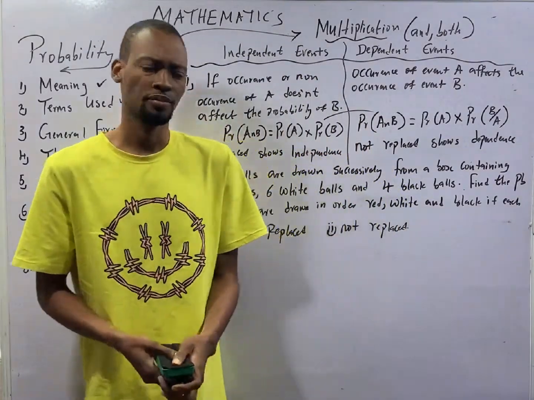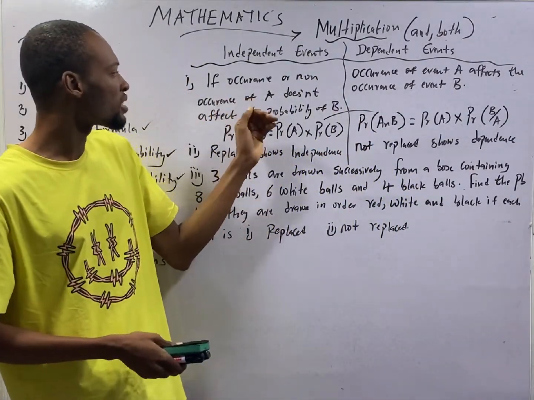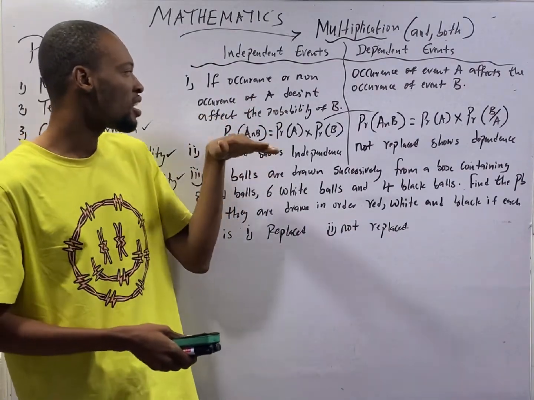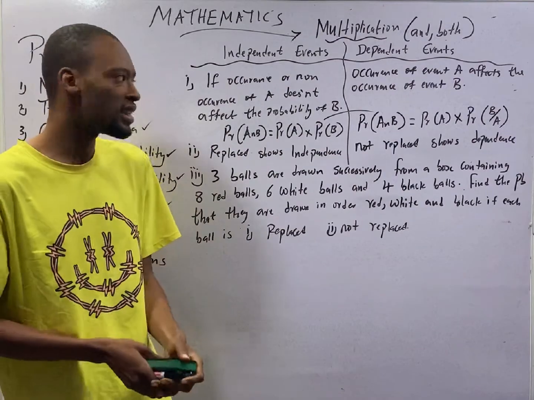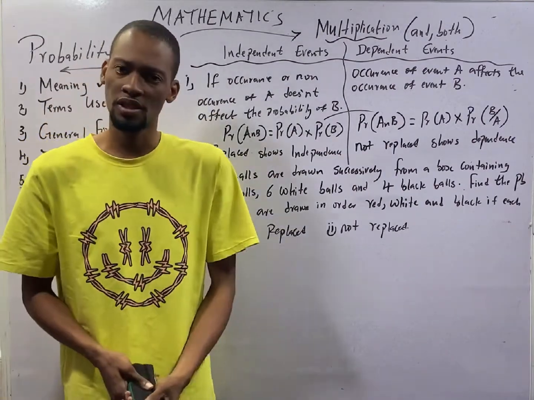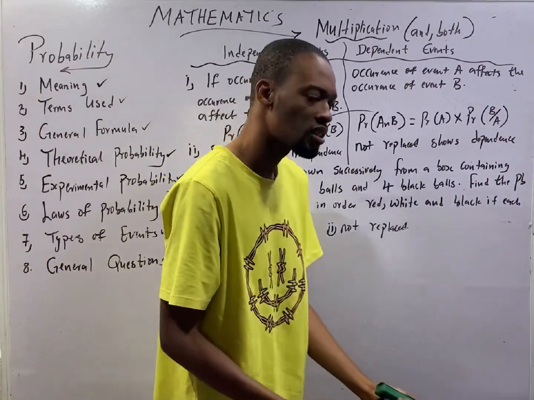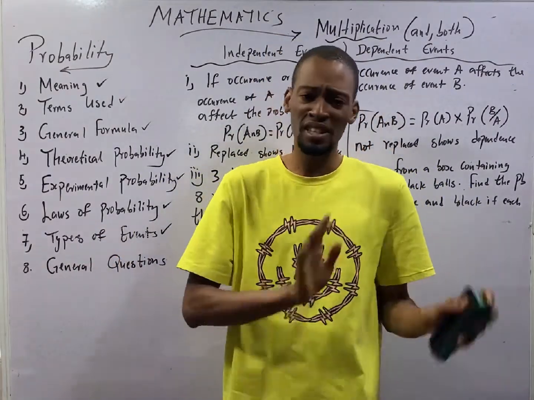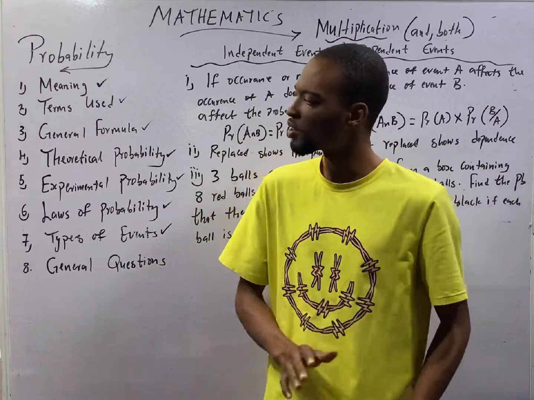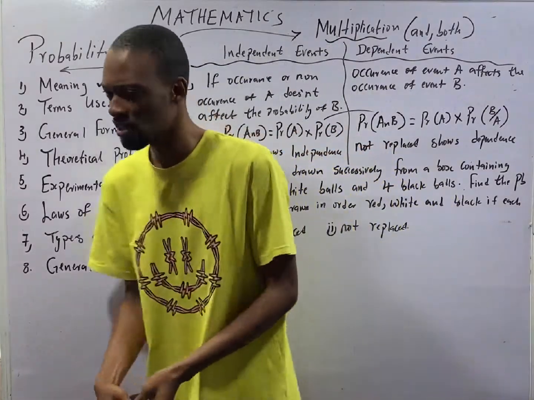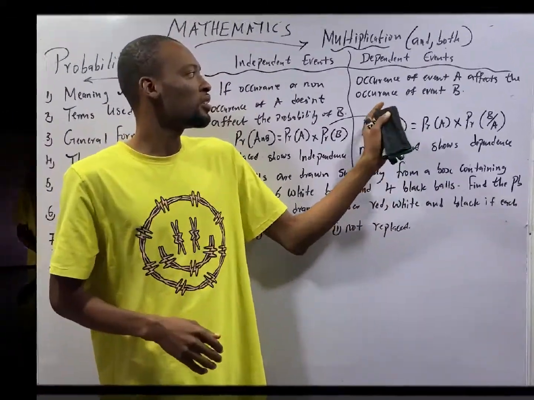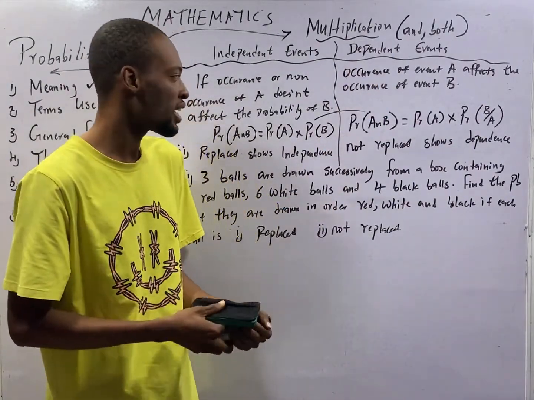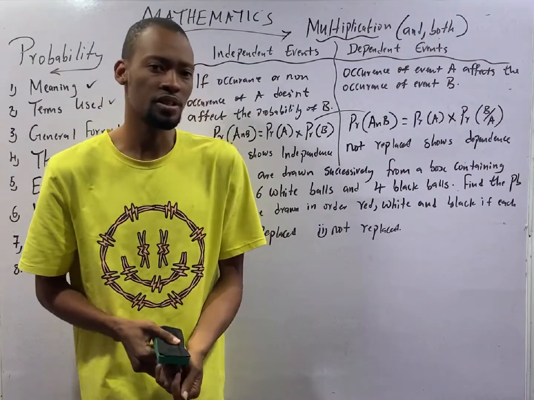If the occurrence or non-occurrence of A does not affect the probability of B, then that is an independent event. If the fact that one happens does not affect whether the other will happen or not, then the events are independent. If the occurrence of A affects the occurrence of B, they are dependent events.